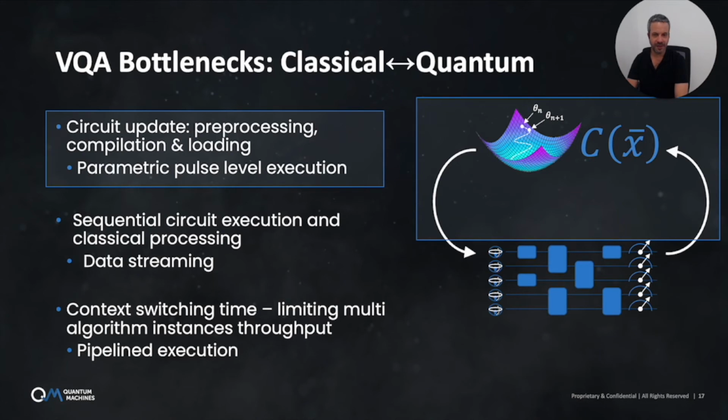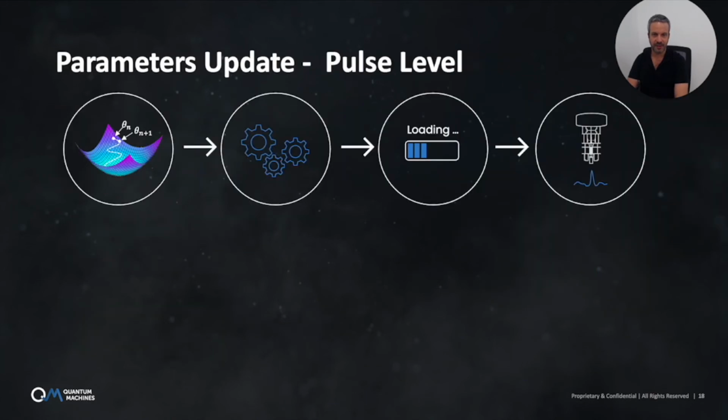The next set of bottlenecks are related to the classical and quantum computation interface. The first bottleneck relates to the overhead of updating the quantum computer with a new parameter set. The full parameter update flow requires compiling the updated circuit, which can take a significant time, and then loading the new circuit to the quantum computer.